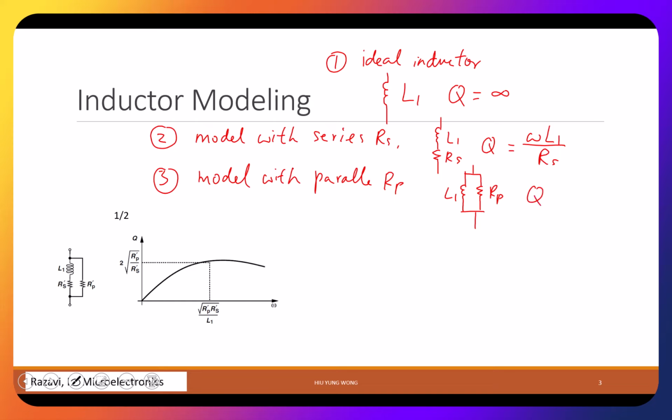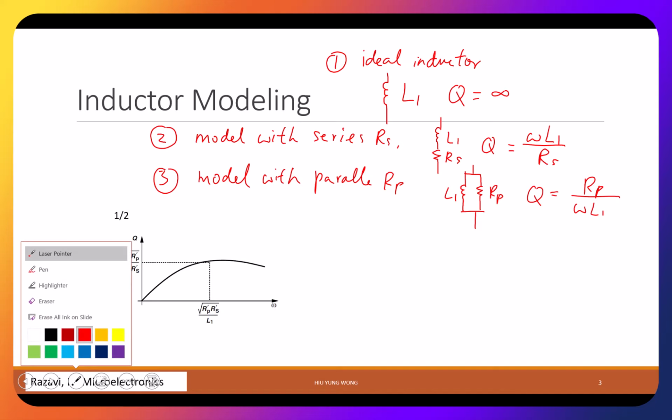The quality factor this time becomes RP divided by ωL1, which is also easy to memorize. You want to have an infinite parallel resistor, because if it is too small, then you got a short. You don't have the inductance. The effect is gone. So I will think RP is at the top. That's how I memorize it. So these are three possible ways to model that.